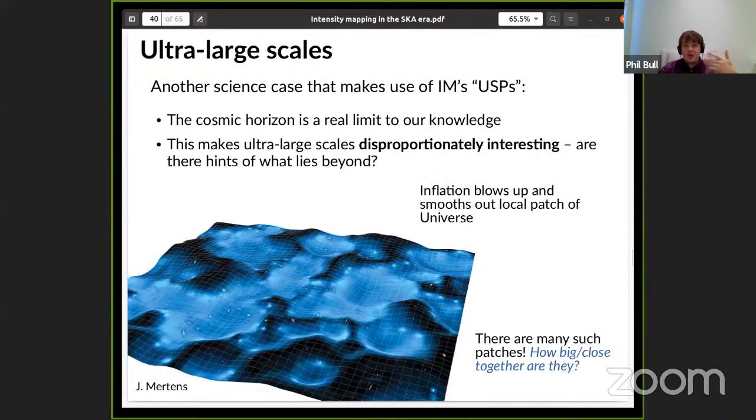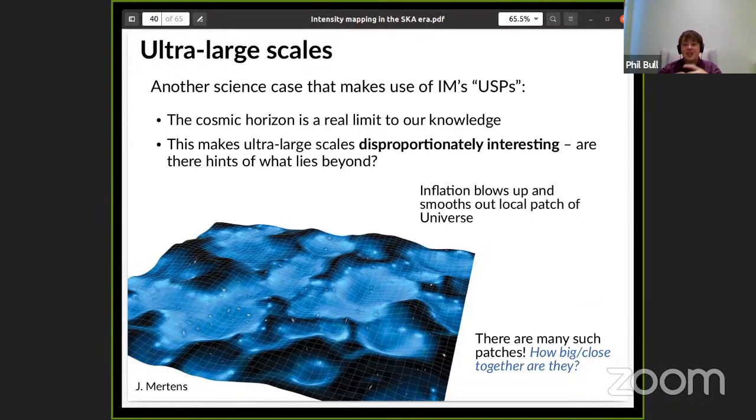And also I want to mention ultra large scales. The fact that these intensity mapping experiments can survey very large volumes of the universe means that we can actually see Fourier modes. We can see the large scale structure on the scale of the cosmic horizon, really the largest possible Fourier modes in the observable universe. And there are lots of interesting inflationary and general relativistic effects that these ultra large scales are sensitive to.